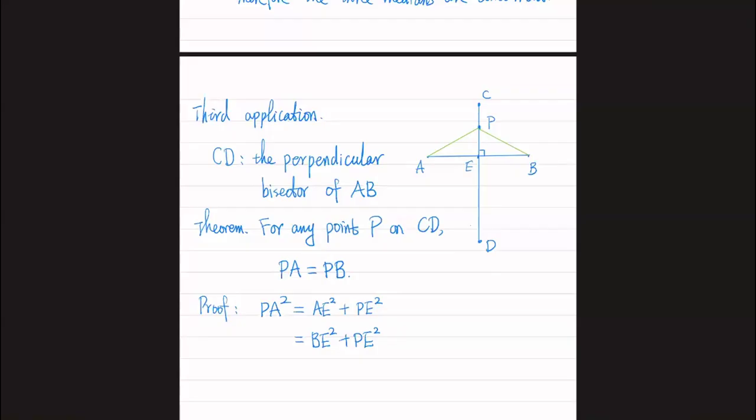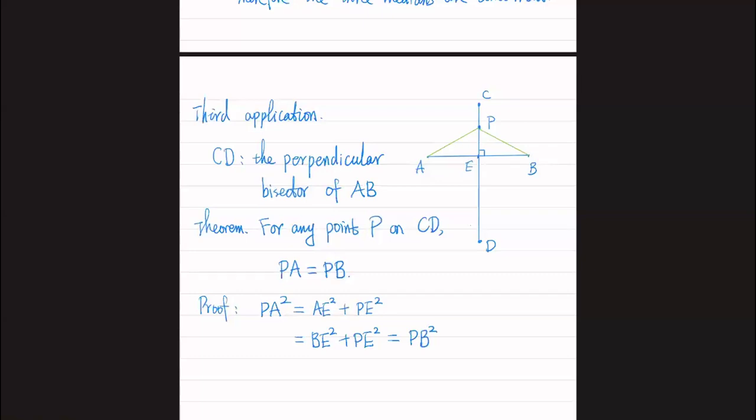BE squared plus PE squared. We will apply the Pythagorean theorem again, we get PB squared.